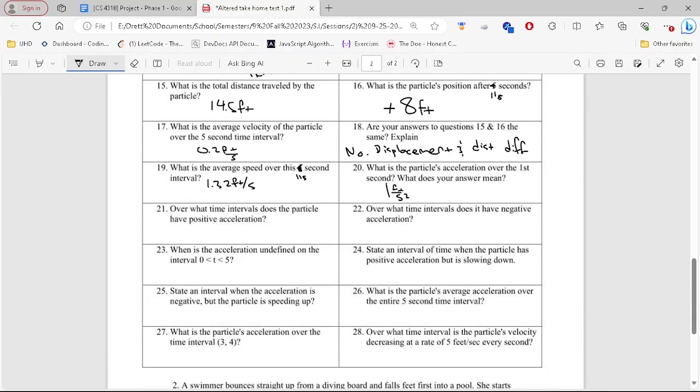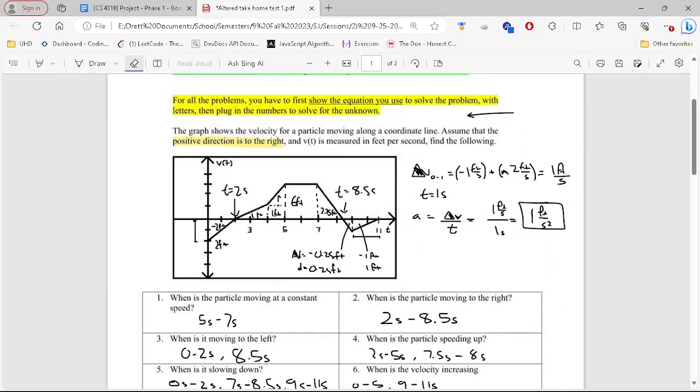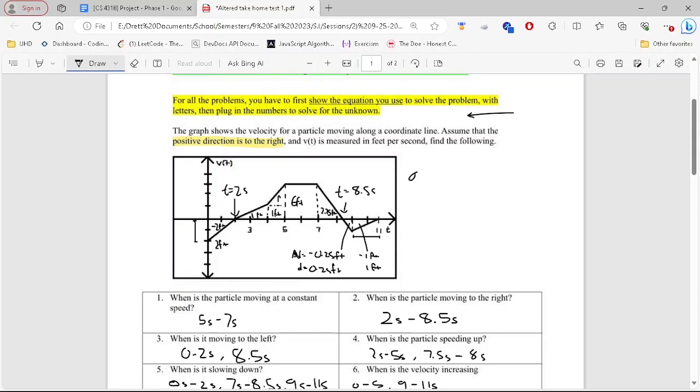Okay, so over what time period does the particle have positive acceleration? I'll tell you right now, this part is quite simple if you know this trick. The trick is breaking down the acceleration formula. The acceleration formula is equal to change in velocity over t.